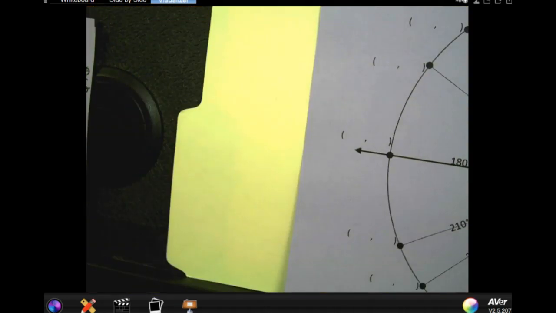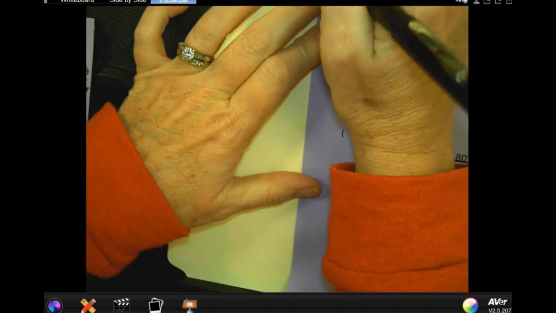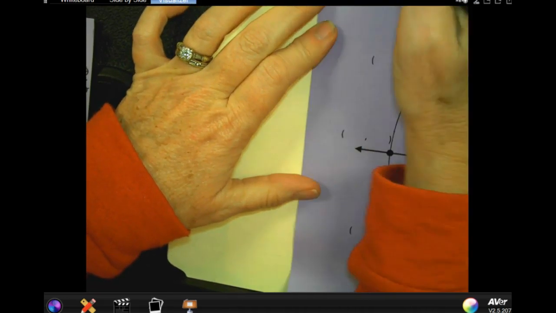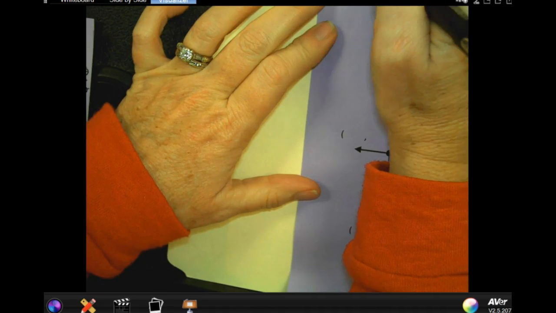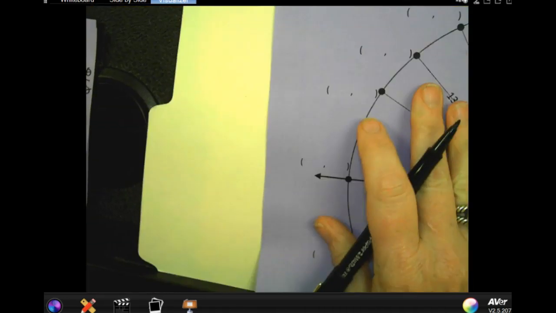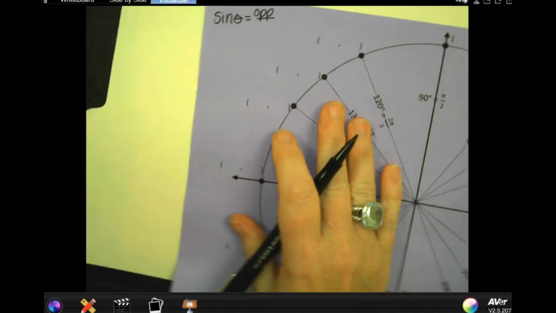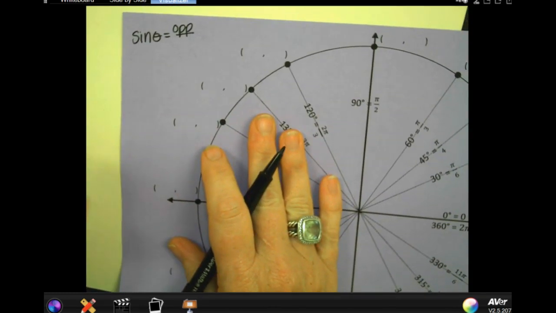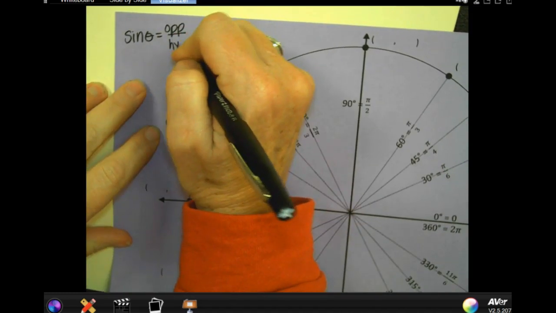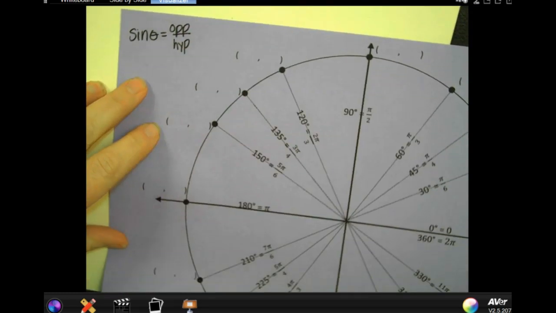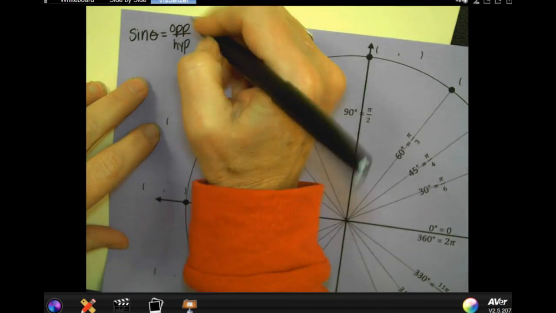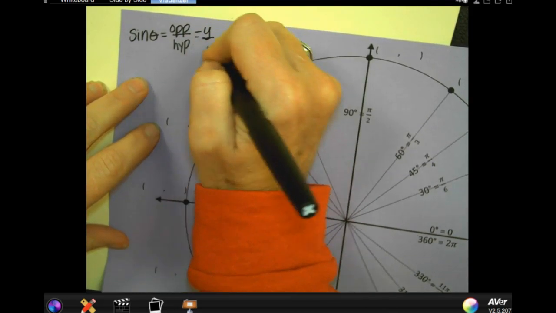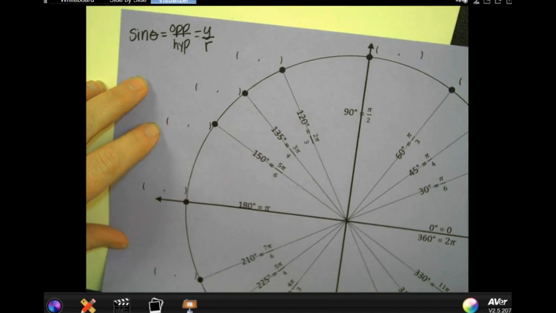So here, yesterday we talked about the sine of theta being the opposite over the hypotenuse. So if this is my theta, the opposite would be y, and the hypotenuse would be my r.